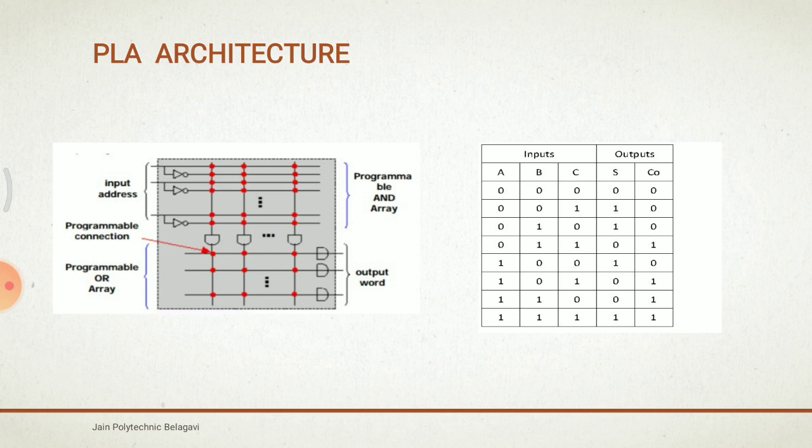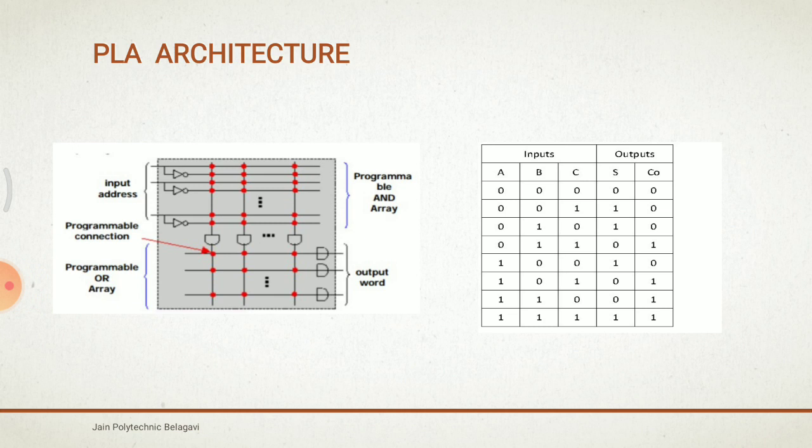Similarly, the user can configure each OR plane output to produce the logical sum of product terms. PLA structures are suited for implementing logic functions in sum of products form. In the PLA, the number of AND functions is independent of the number of inputs, and the number of OR functions is independent of both the number of inputs and the number of AND functions.